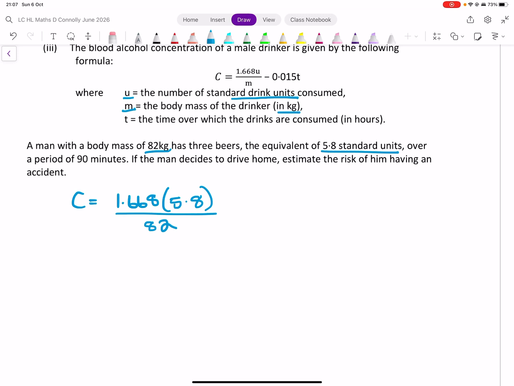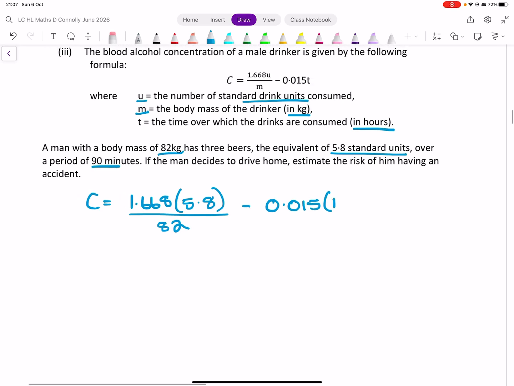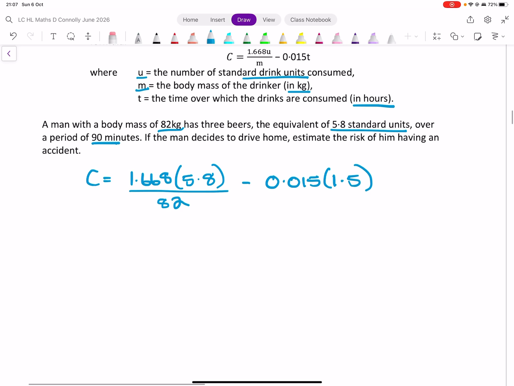And then minus 0.015 times T. And T is the time over which the drinks are consumed in hours, and this is 90 minutes, so that's going to be 1.5 hours. Okay. So 1.668 multiplied by 5.8 divided by 82 minus 0.015 times 1.5. So that is 0.095, and again it continues, and I'm going to keep it in my calculator.